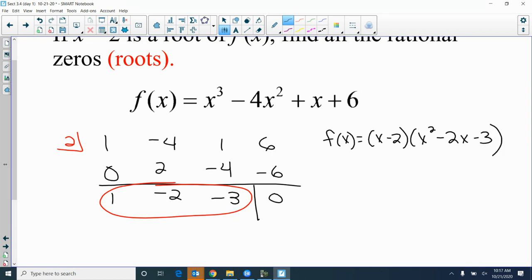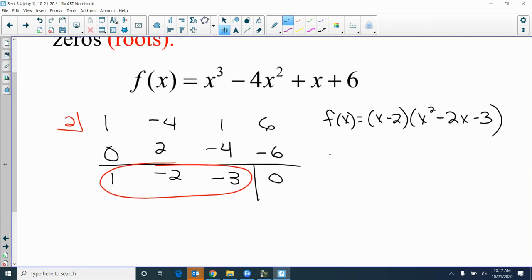What do I do to find the other roots? Don't make it hard. Just think, factor. I got x squared minus 2x minus 3. Factor, so f of x equals x minus 2 times x minus 3 times x plus 1.